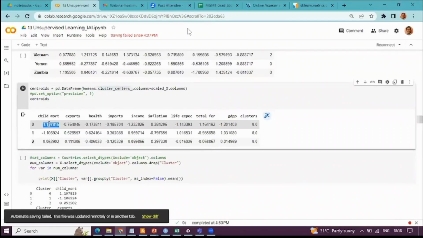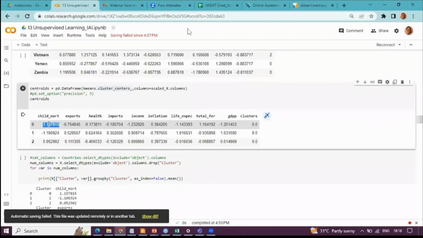And if you look at the life expectancy, it is very clearly segregating again. Life expectancy is very, very low in cluster 0, very high in cluster 1, and somewhere in the middle for cluster 2. So at least there are some variables which are playing a very crucial role. Same thing with total fertility.